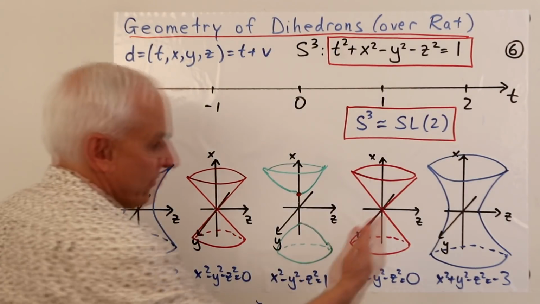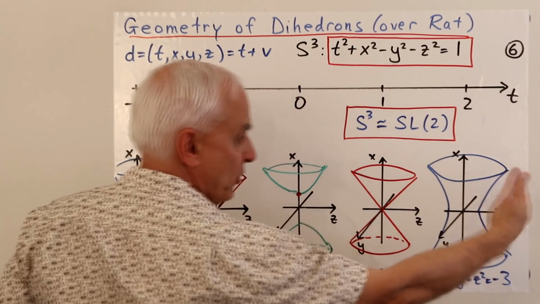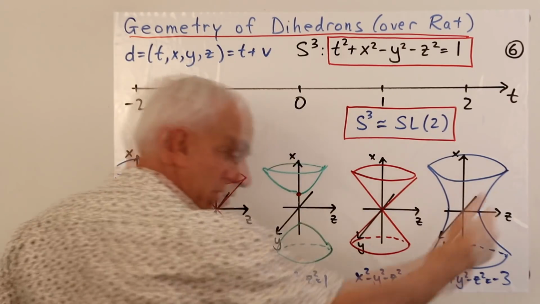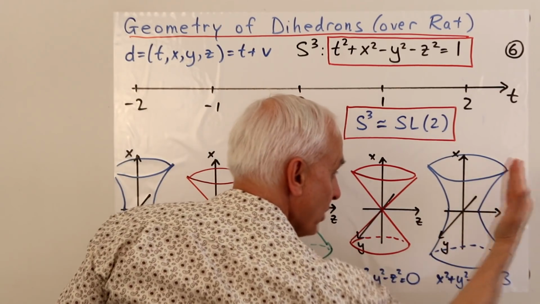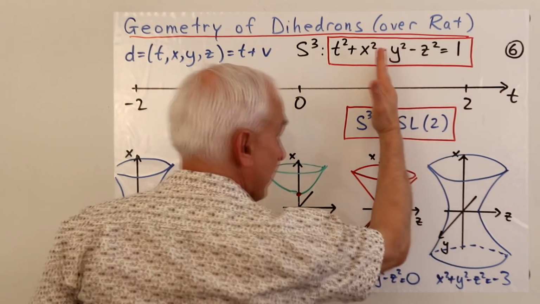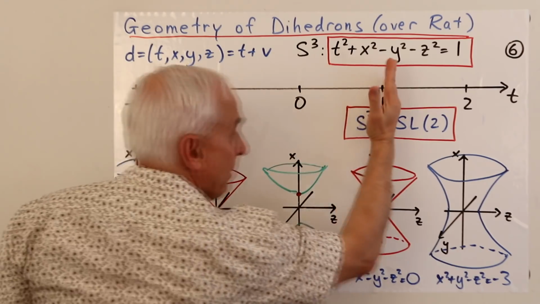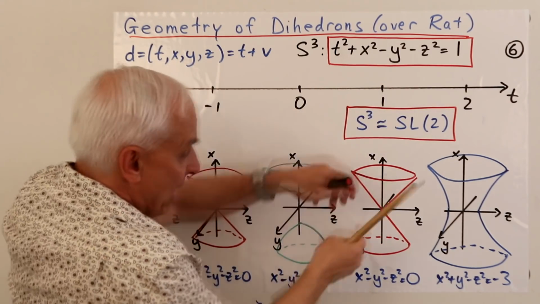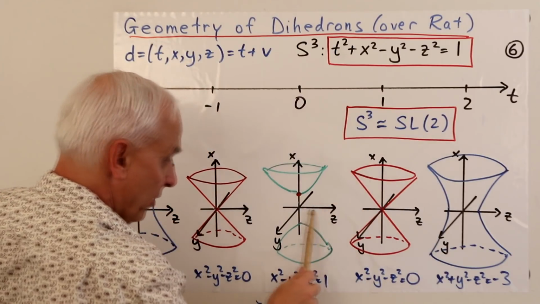So we have this sort of gradation of things. If you have a slice way over here somewhere, you're going to get one of these hyperboloids. And if you go further in that direction, the hyperboloids are going to get bigger. And then as you move towards here, you're slicing this thing here. Once you get to this thing here, these hyperboloids scrunch down and give you the cone. And then immediately afterwards, they kind of break up into these two hyperboloids of one sheet, all the way from here over to here.